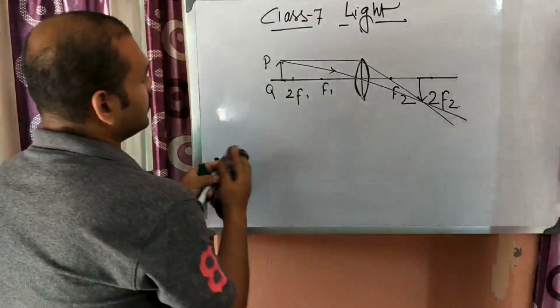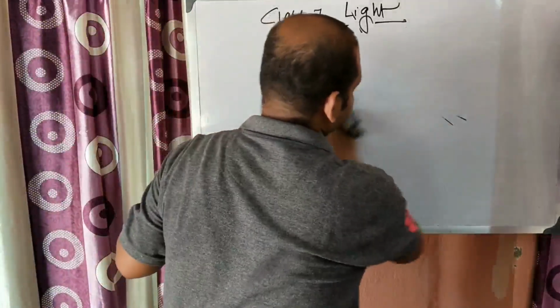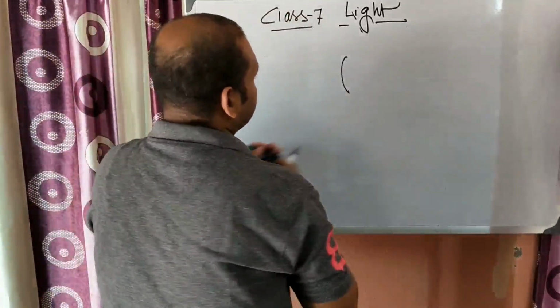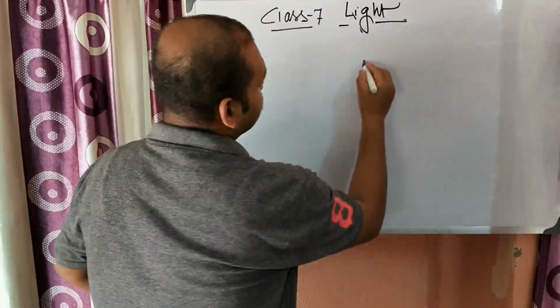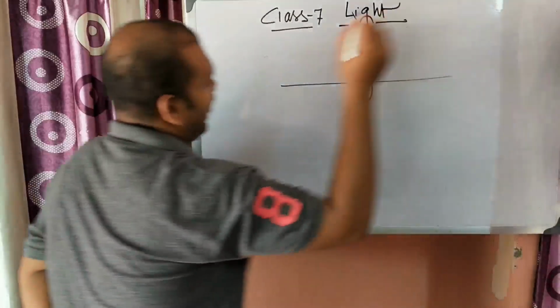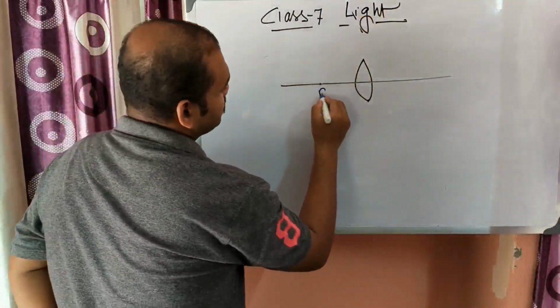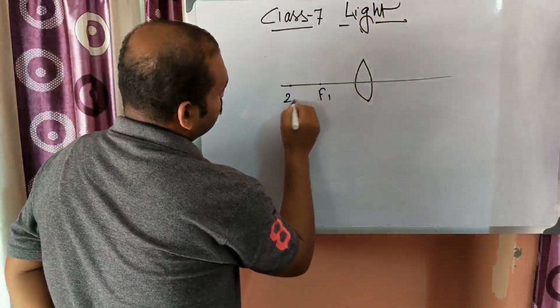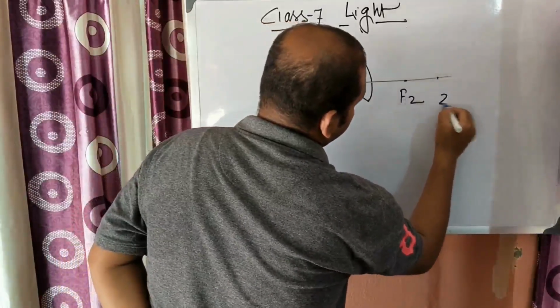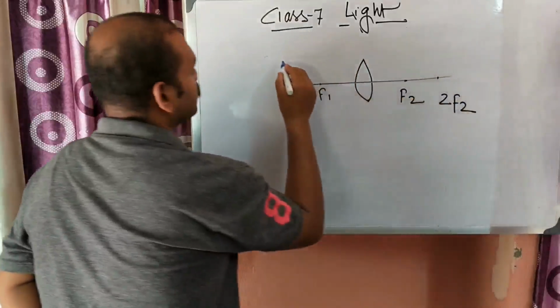Next, the position is at 2f. Suppose this is the lens. This one is f1, 2f1, f2, 2f2.